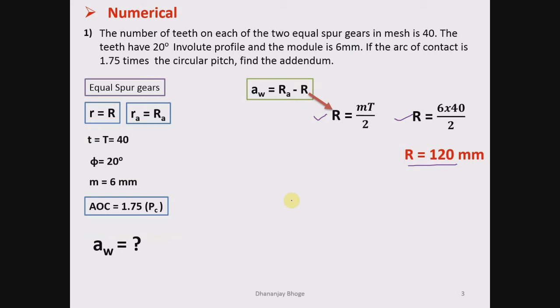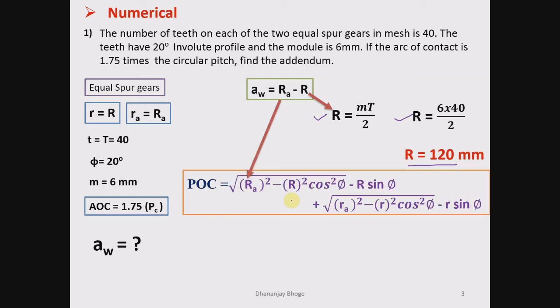Now what do we have to do? RA. So for RA, we have this equation. Why have I selected this equation? Okay, now nobody write. Just try to understand. Stop writing and look at the screen.